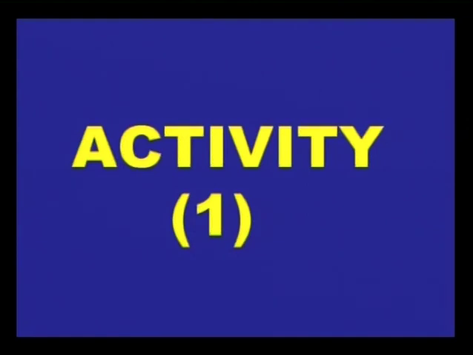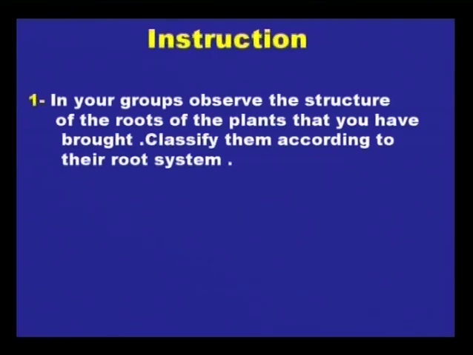Okay, we'll get straight into Activity 1. In your groups, observe the structure of the roots of the plants that you have brought. Forget the stem, forget the leaves, look only at the roots.